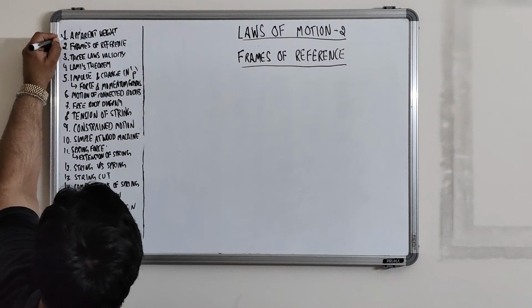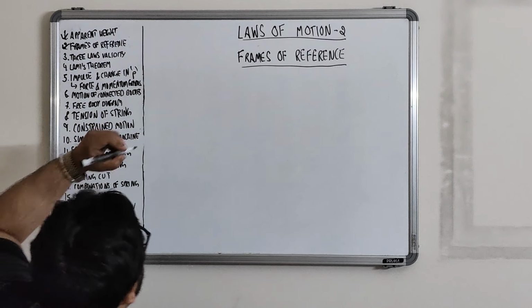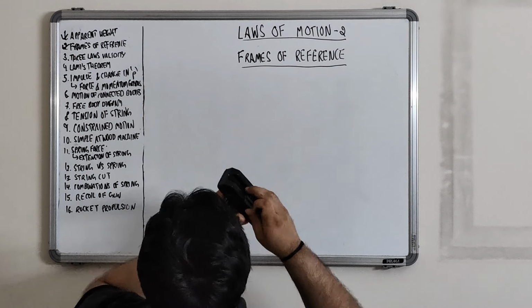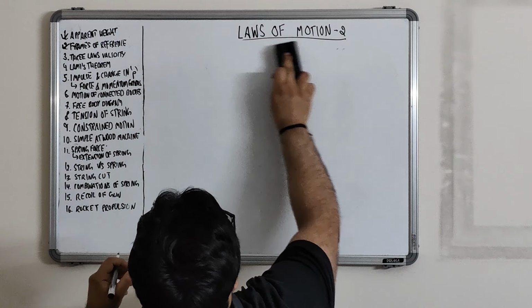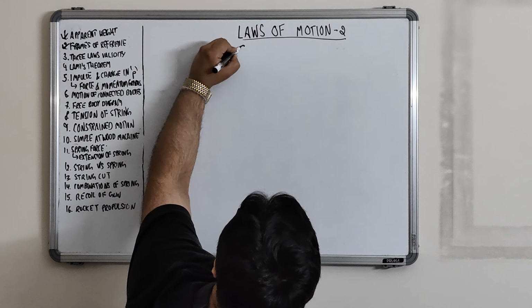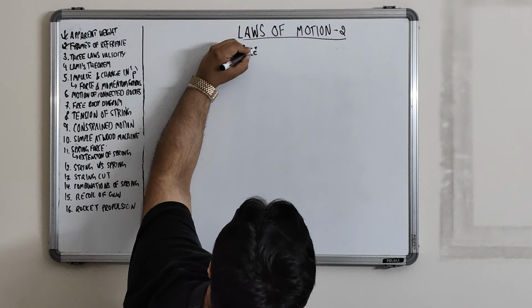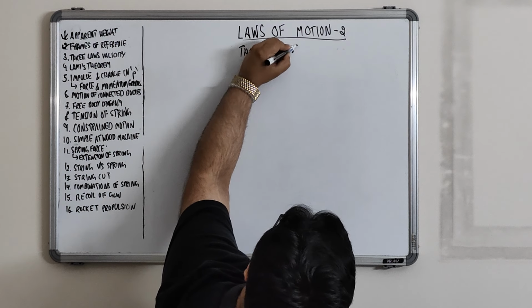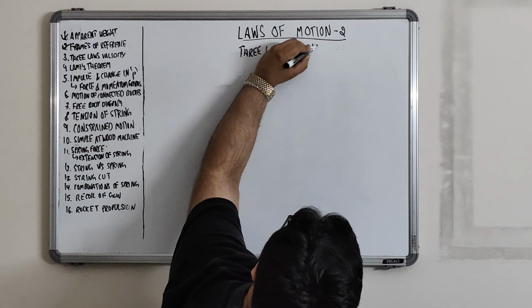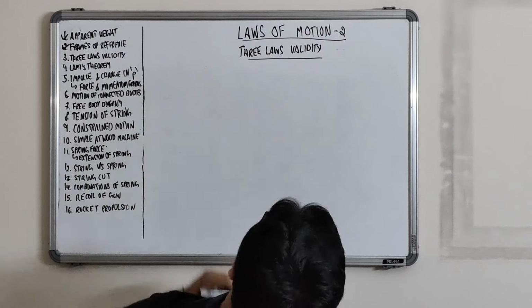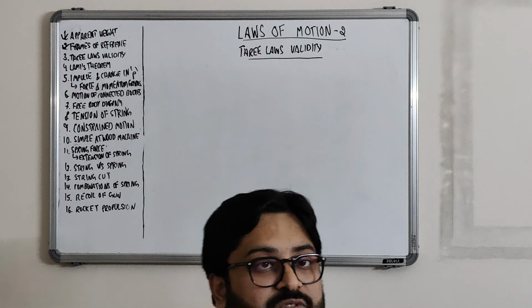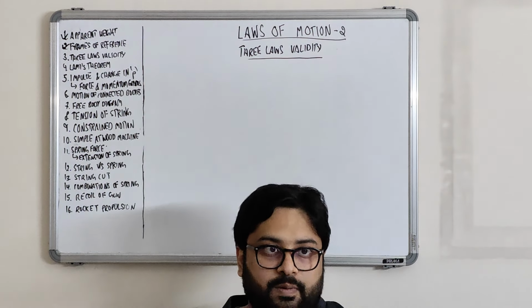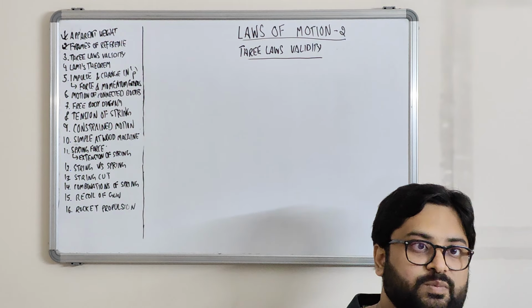We discussed apparent weight and frames of reference. Let's talk about the validity of the three laws. As I mentioned before, the first law is not valid in an accelerated frame of reference. Why?